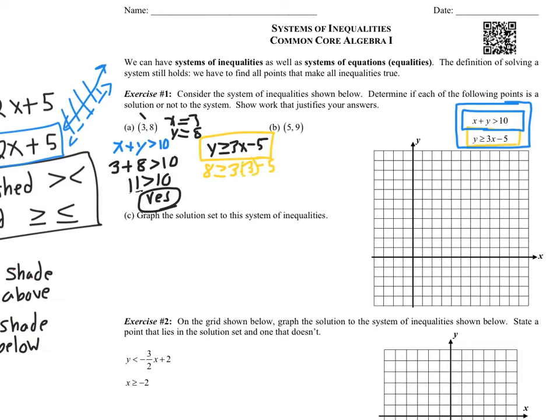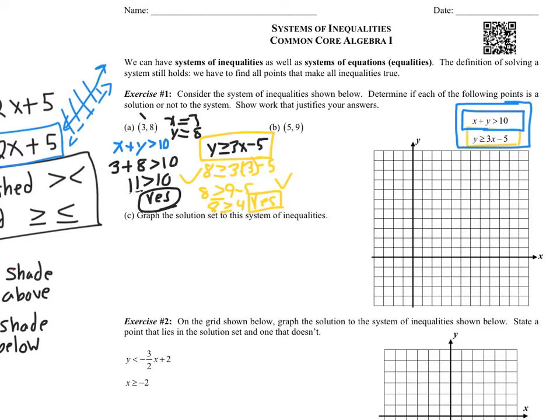I'm going to use parentheses because the numbers bump up against each other, and then I solve for it, and I get 9 minus 5, and 8 is indeed greater than or equal to 4. Yes. So algebraically, we just proved that this point is a solution to the entire system because we checked the first and second inequality.